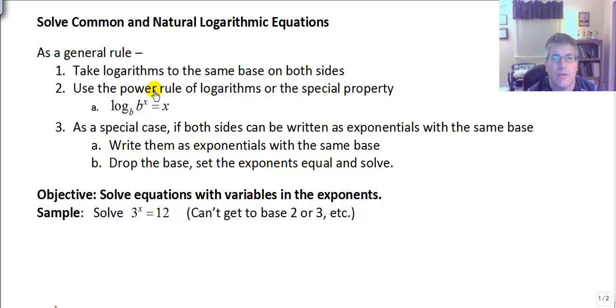And what that is generally going to do is use our properties of logarithms to get x, or our unknown, to a point where we can solve for it. You may also have to use the power rule of logarithms or the special properties. And once you do that, you'll be able to isolate our variable and solve.